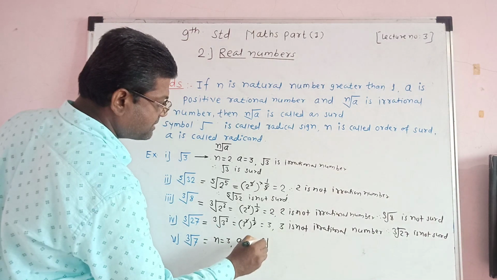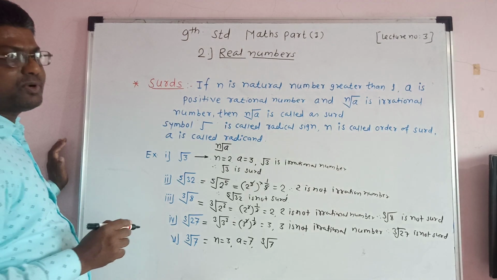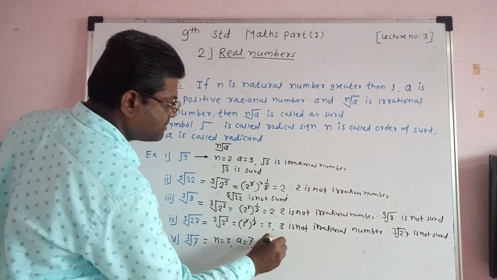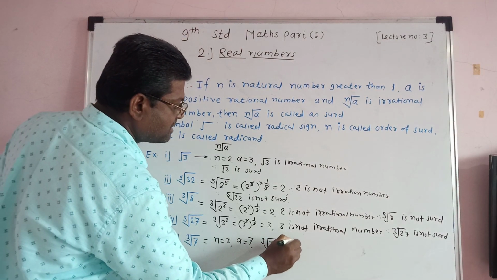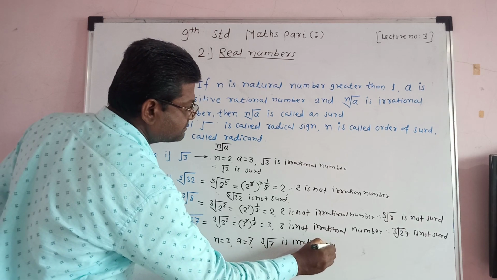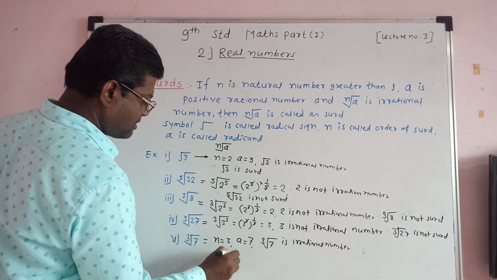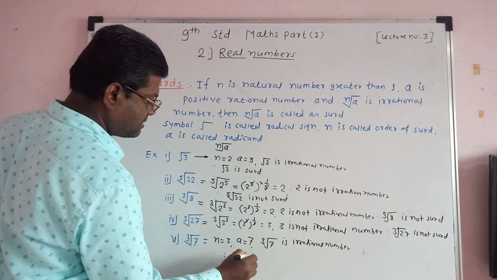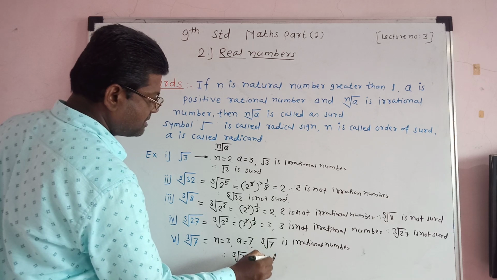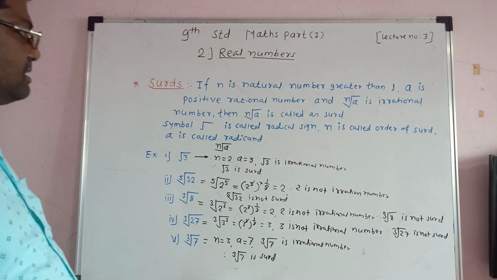And we can't find the cube root of 7 exactly, therefore it is an irrational number. Therefore cube root of 7 is a surd.